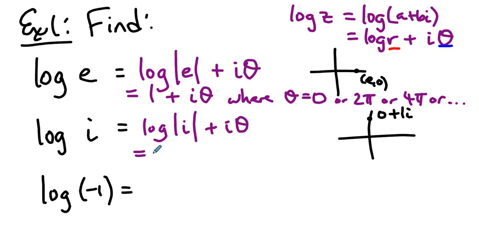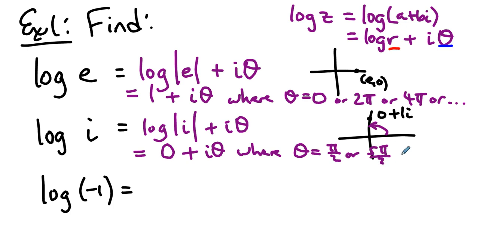Well, the distance of this point to the origin is 1, and the log of the number 1 is 0, plus i theta, where theta is pi over 2, or 5 pi over 2, or 9 pi over 2, and so on. Those are all possible thetas.